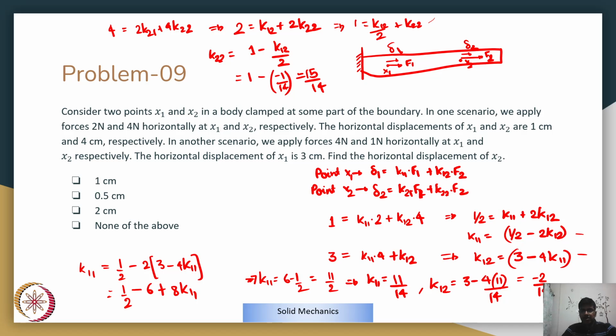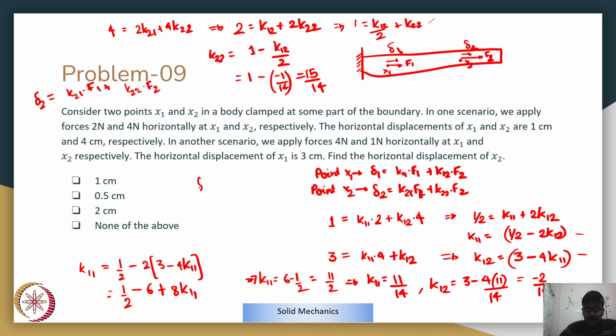So k22 is there, and now we want to find the displacement of x2 in case 2. For case 2, this displacement delta 2 is k21 into f1 plus k22 into f2. K21 is nothing but k12, which we know here.